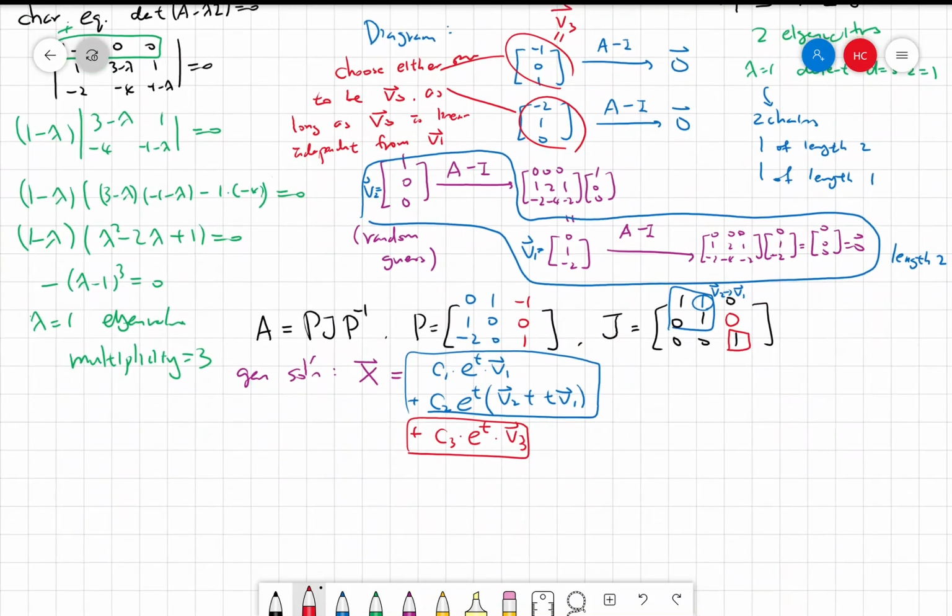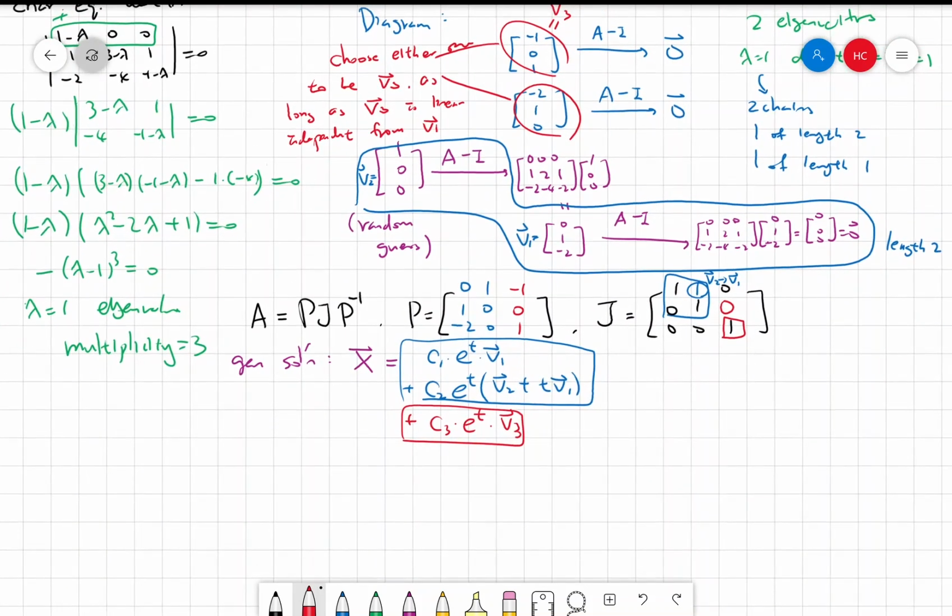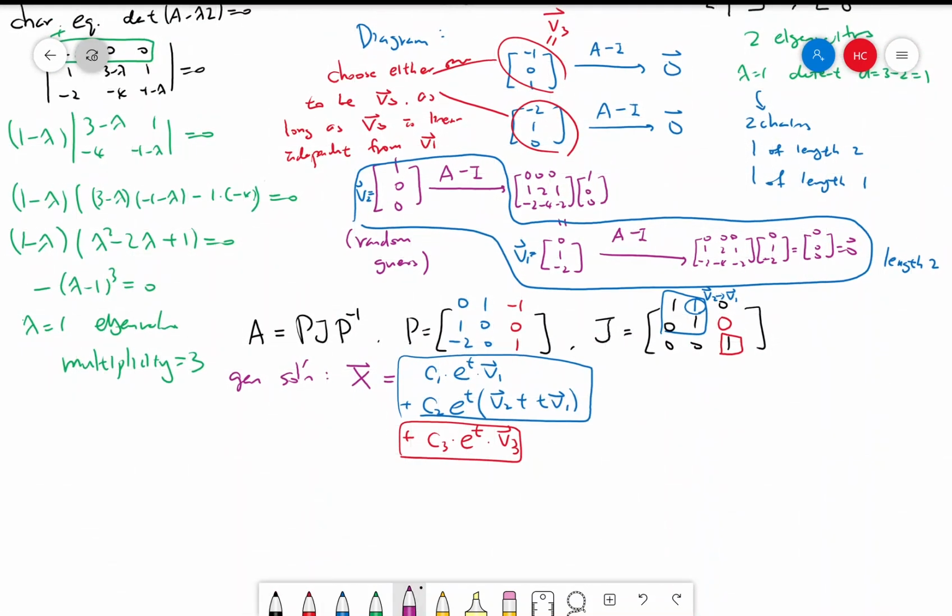And if we really want to write it in a scalar form, we can do that. So it's three equations, x1, x2, and x3. Okay, so let's write this out first.